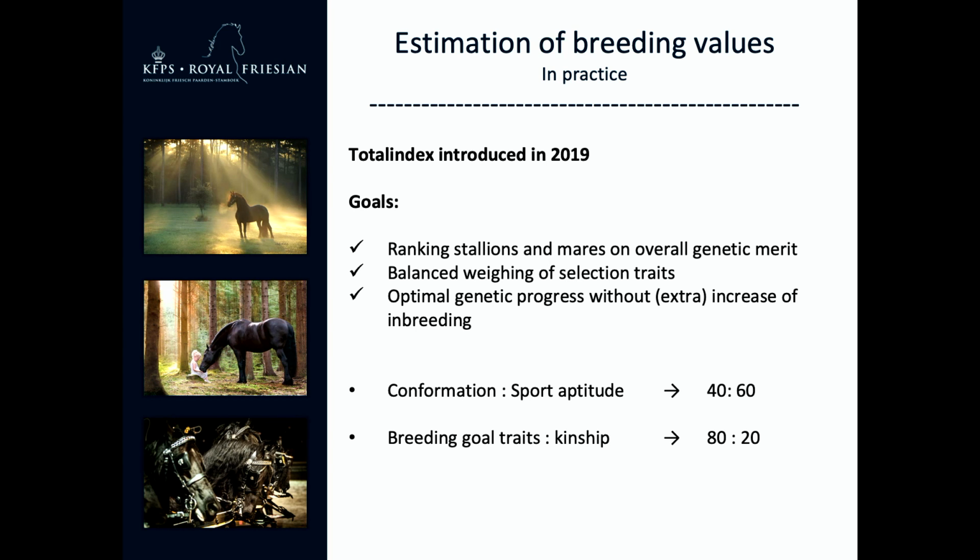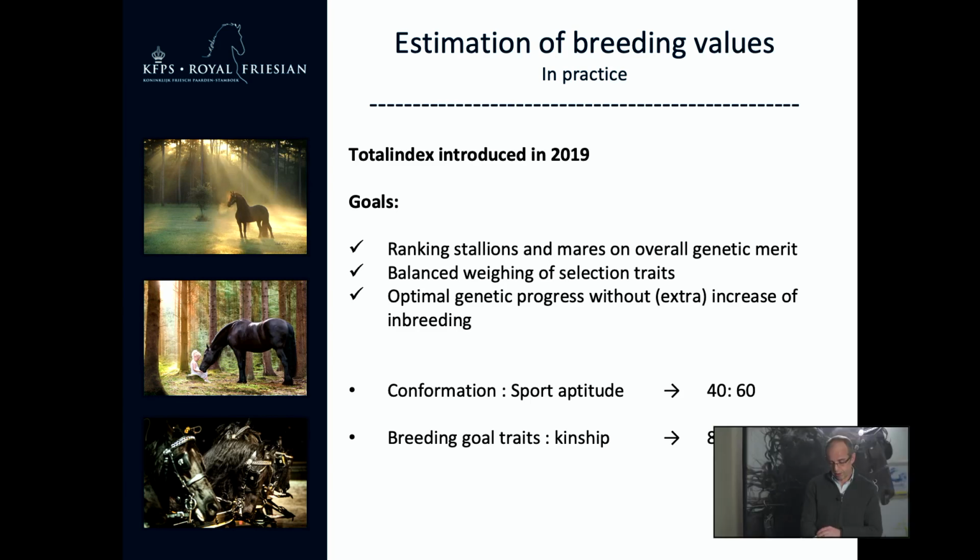You could imagine that if we only make use of the very top horses, that would lead to a lot of inbreeding. Inbreeding is, by the way, a topic in our second webinar, but also in designing this total index, we adjust for the level of inbreeding as well.